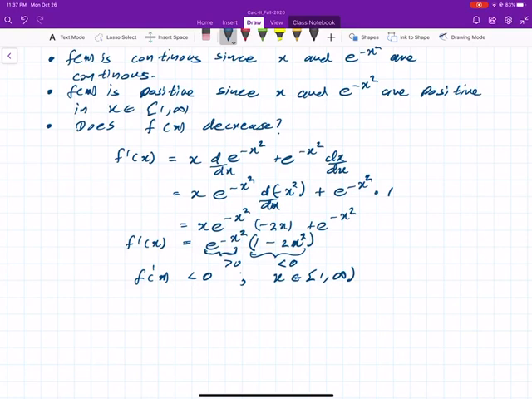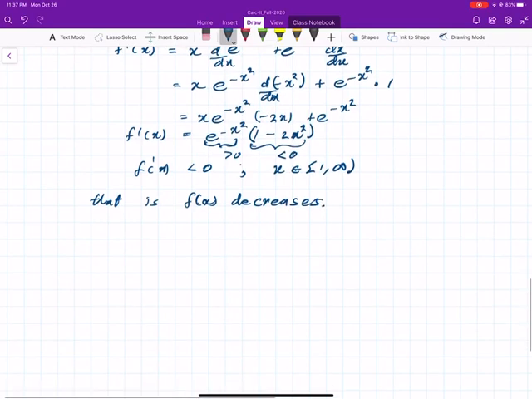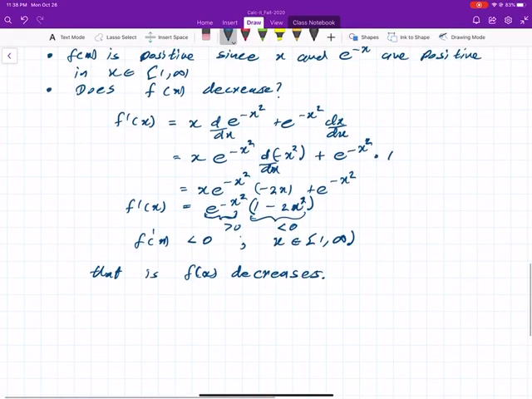So if f prime x is negative, that is, f prime x, sorry, f of x decreases. I'm sorry, I made a mistake here. Decreases. All right, so your decreasing part is also done.